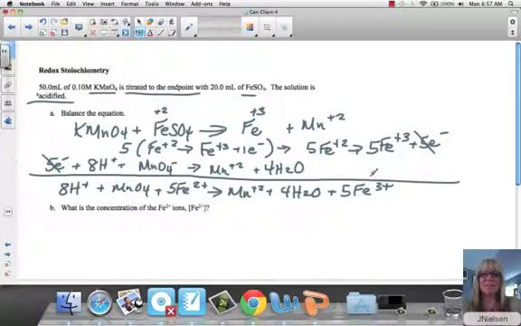Now, you might be wondering why I didn't bring in the K and the SO4, because they're not participating in the reaction and are irrelevant to answering the question. Because we really only want to deal with what's oxidized and what's reduced, because they're asking about the concentration of the Fe2 plus ions. That's it.